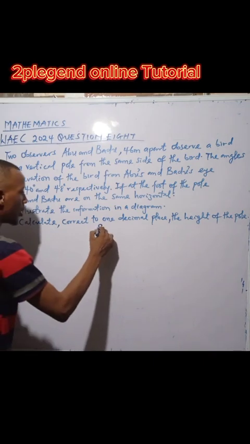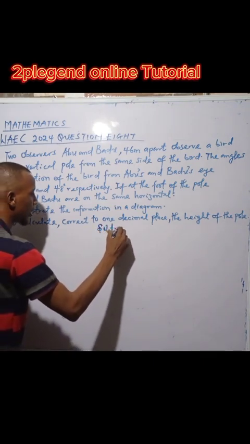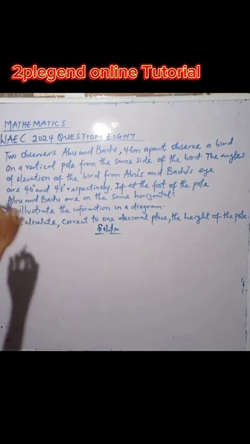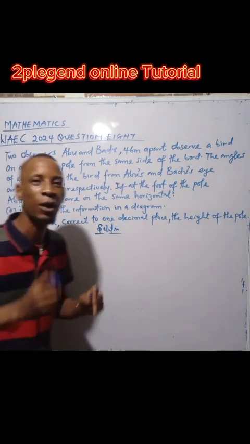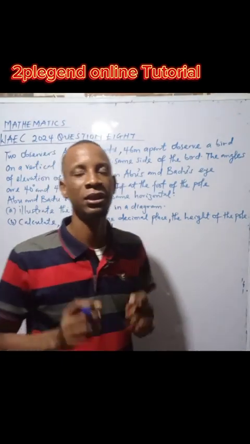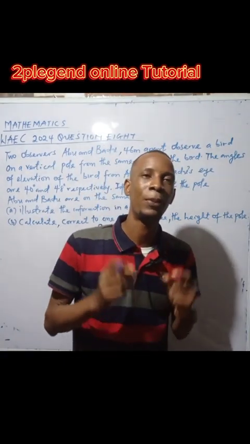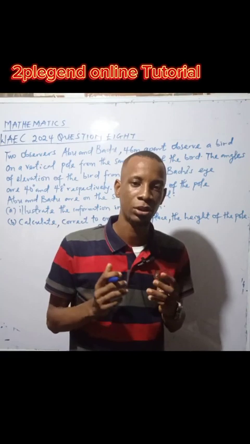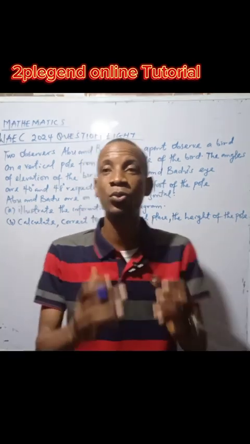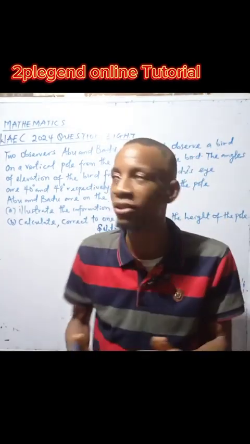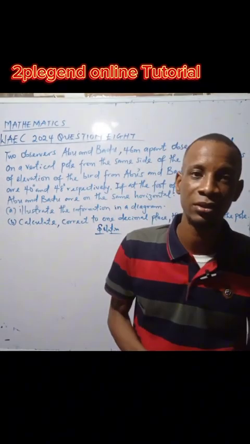Solution. Now, this is clear to us that this is a question on angles of elevation and depression. And one thing about angles of elevation and depression is that it deals with your power of imagination. It is just like a word problem that is being given to you, in which we expect you to translate these things into mathematical statements.